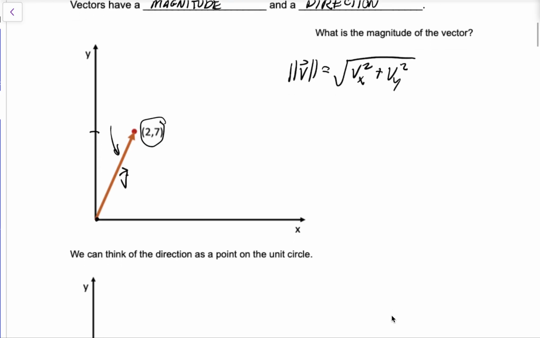So let's go ahead and figure out what that is. That is the square root of 4 plus 49. And that's equal to the square root of 53.